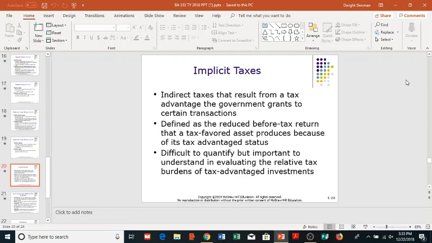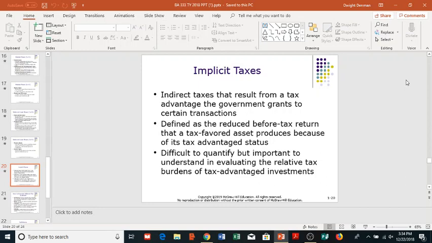Now, because they're difficult to quantify, that's why they're implicit rather than like an income tax, which is explicit. In other words, you can figure out exactly how much taxes you have to pay. You simply determine your tax base and multiply it by the tax rate.